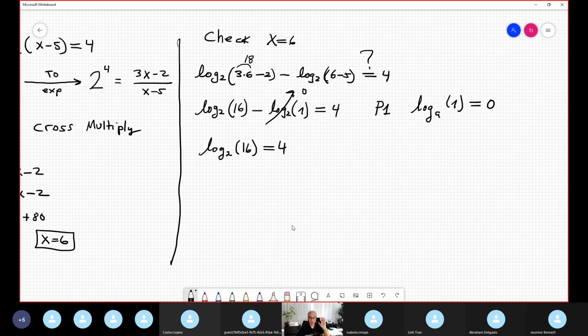Guys, there is no excuse. You can do it by hand or you can do it by calculator. Let's do it both ways. Suppose the student does it by hand. Well, okay, you convert this statement to exponential. Why not? The base is 2, the exponent is 4, and the result is 16. Oh, this is super true. 16 equals 16.